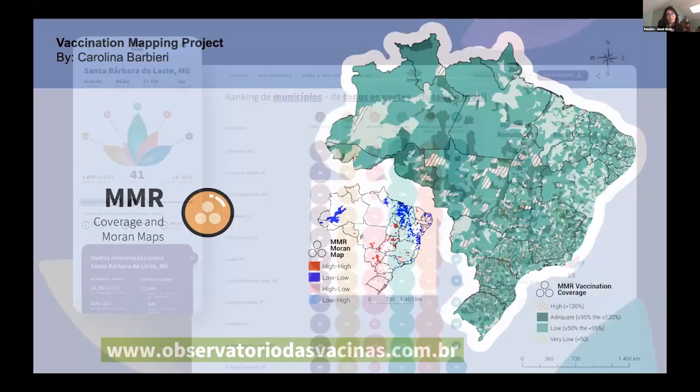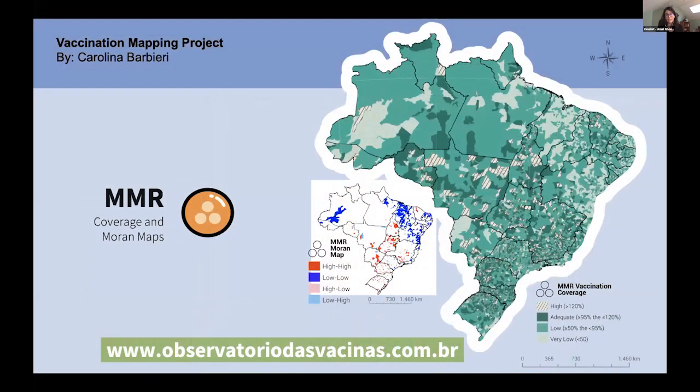The second project I would like to highlight is a project mapping vaccination coverage across Brazil by Carolina Barbieri. Basically this project allowed building a map of coverage of vaccines across different regions in Brazil.